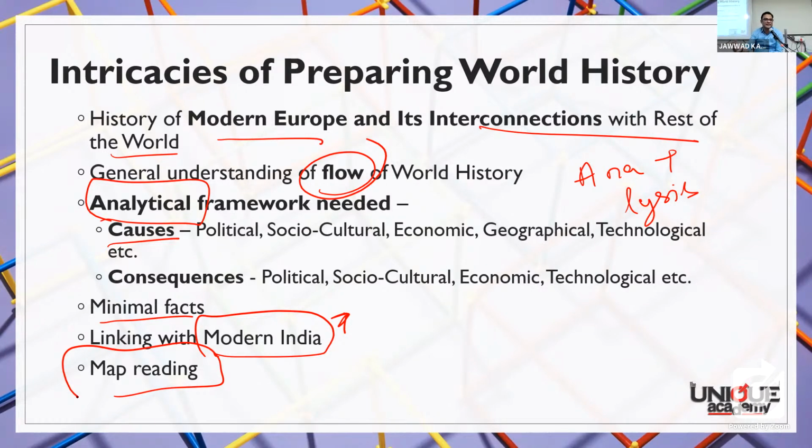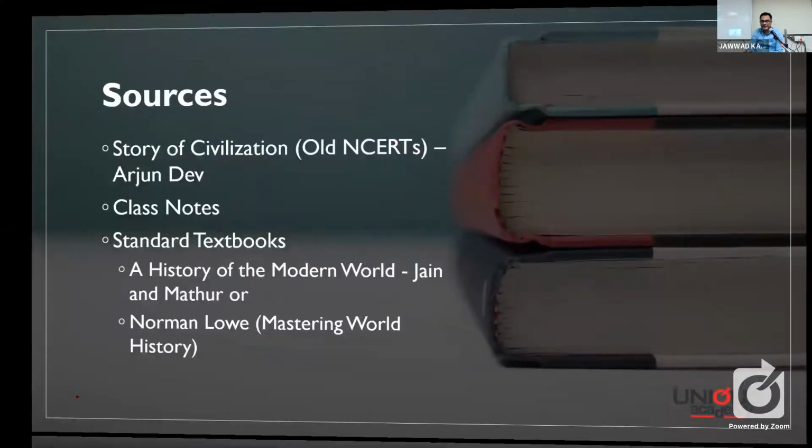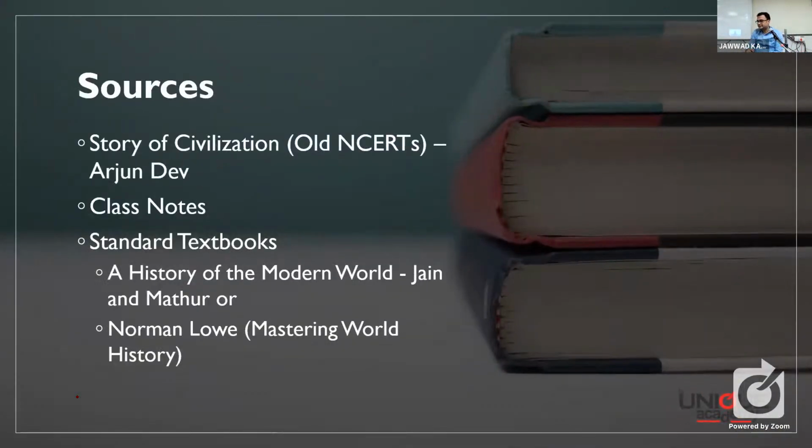Whenever you find a few minutes, like you are expecting your tiffin to come and you have 5-10 minutes left, just flip through the atlas. Take any random map. Everything will help you. Even if you see map of South America, UPSC may ask a question in prelims based on the natural features over there. You never know. Okay? So map reading should be a habit that should be consciously inculcated. Got this point, guys?